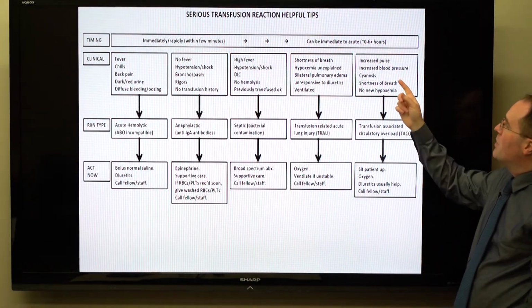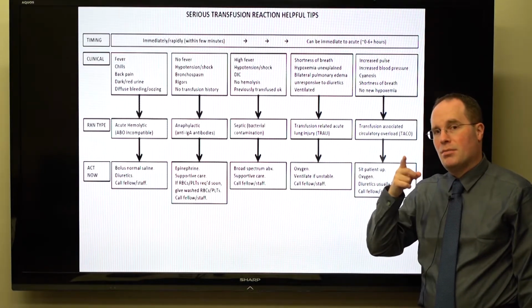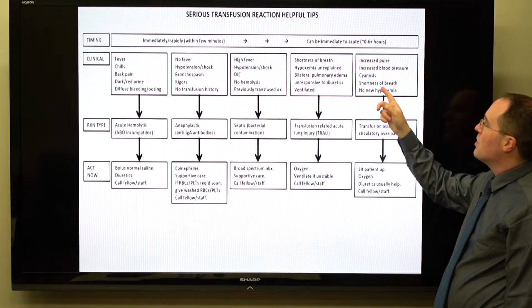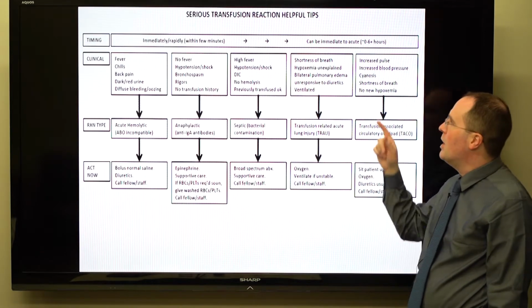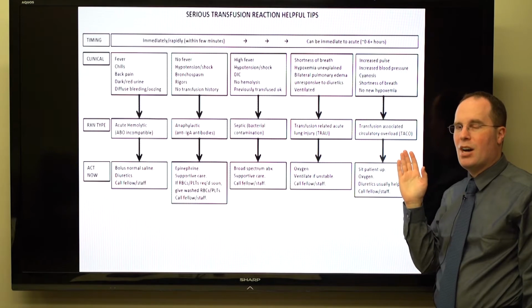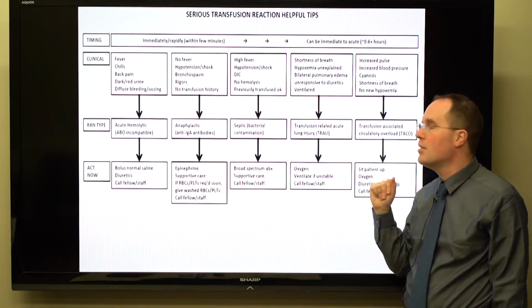And then the last one, if you see an increased pulse and definitely an increased blood pressure, along with some cyanosis, some shortness of breath, there may or may not be hypoxemia. The absence of hypoxemia helps in that it points more to TACO than TRALI. If you see hypoxemia, it doesn't help me distinguish.